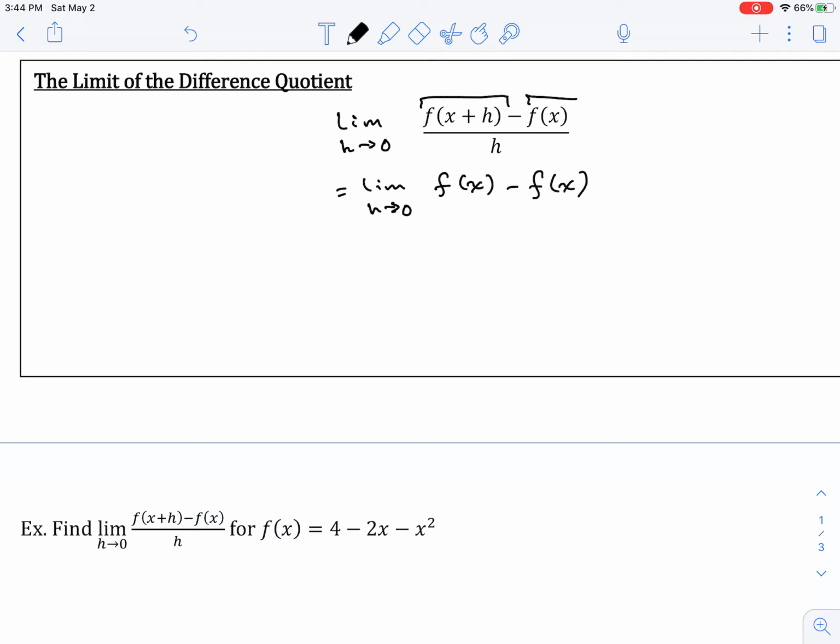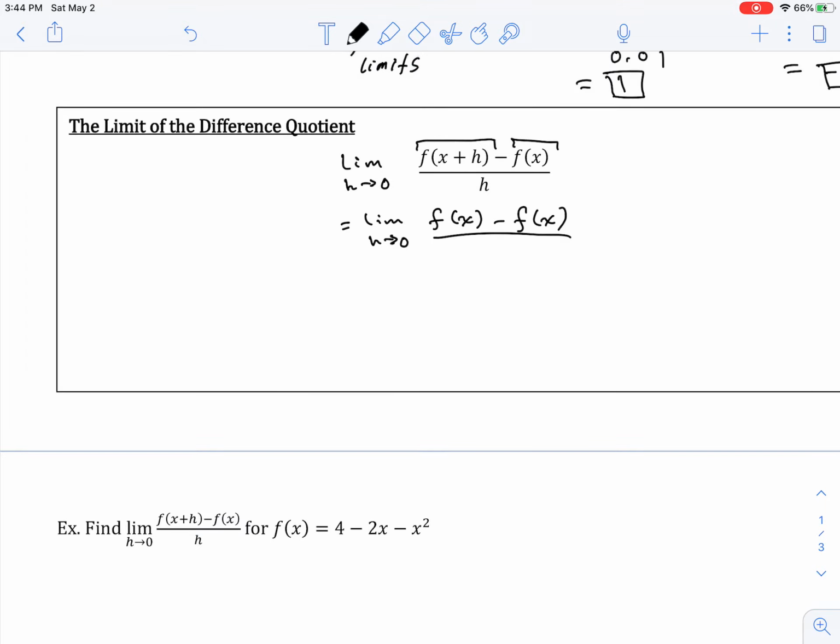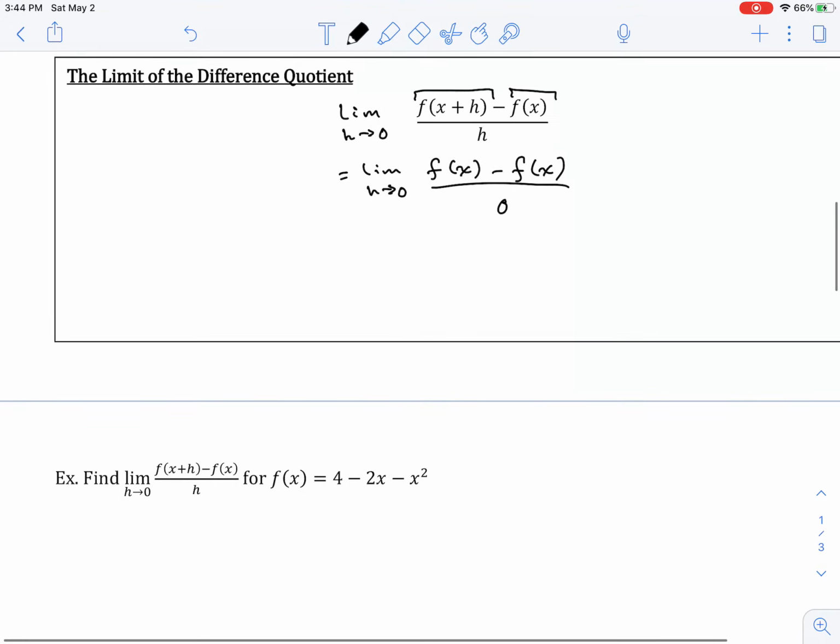And we're subtracting another f of x. And if we have h equal to 0 down in the denominator, well, think about what we have there. Well, we would end up with 0 over 0 or some indeterminate form. And this is not a mistake. This is what we're supposed to be getting.